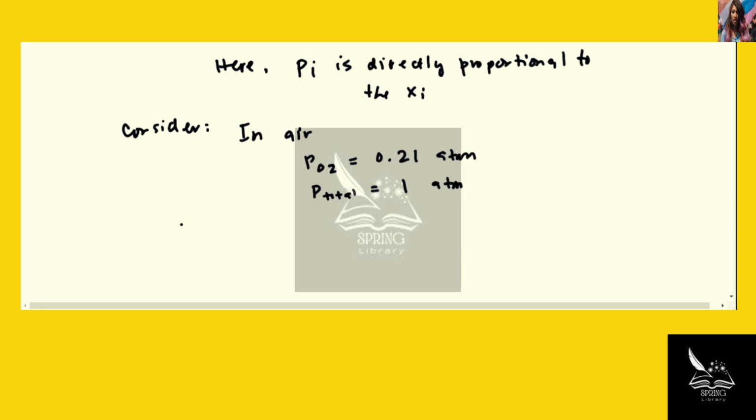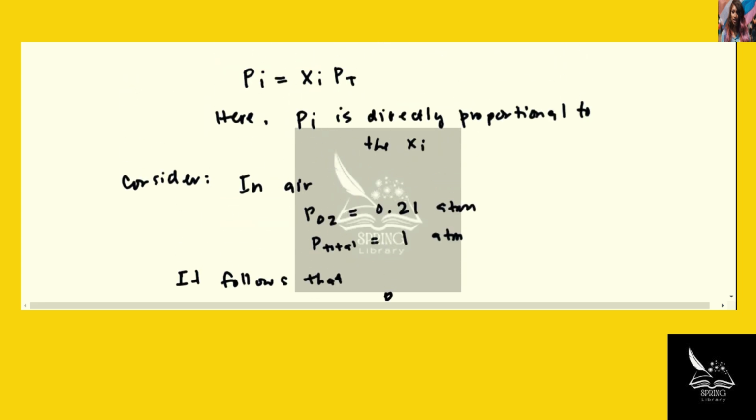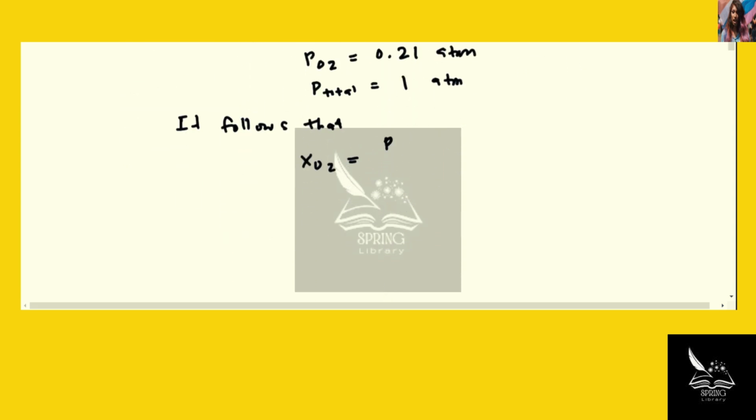It follows that the mole fraction of oxygen gas is equal to, so we rearrange the equation here, Pi equals Xi Pt, to solve for Xi, or in this case X oxygen, that gives us the partial pressure of oxygen over total pressure, or that's 0.21 over 1, or that's 0.21, or in terms of mole percent, that's 21%.